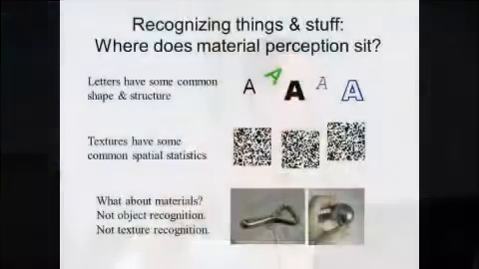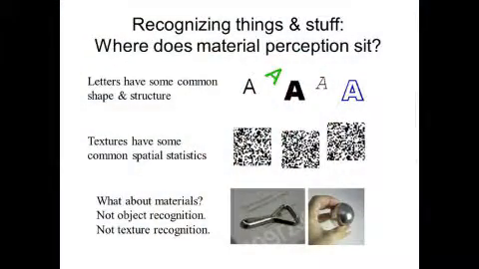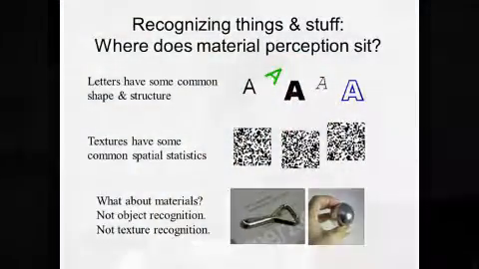Okay, just to situate material perception, how is it different from other things? Well, obviously it's different from object recognition, or in this case, character recognition. These have a sort of spatial structure that even when you move them around, change their color, rotate them, and so on, there's something structural about them that remains the same.